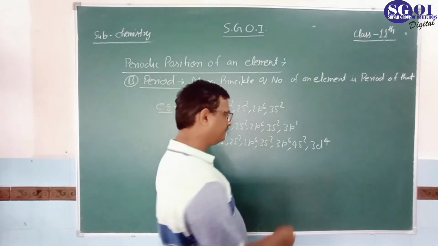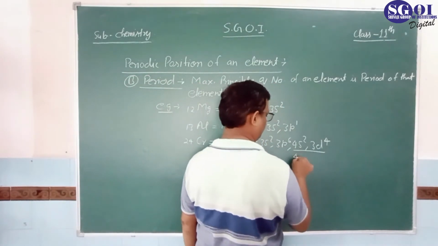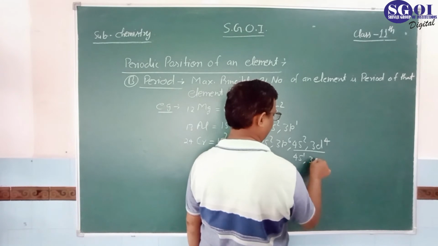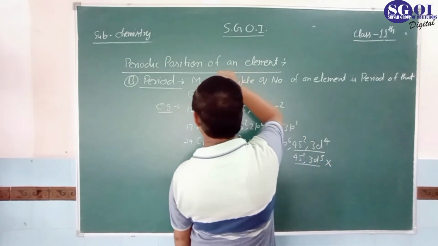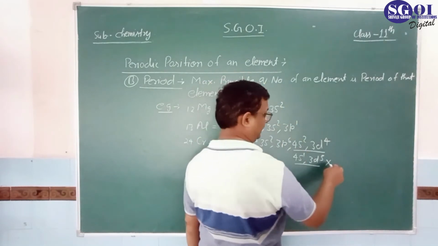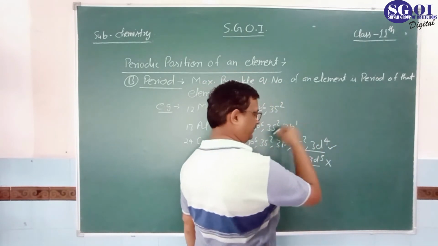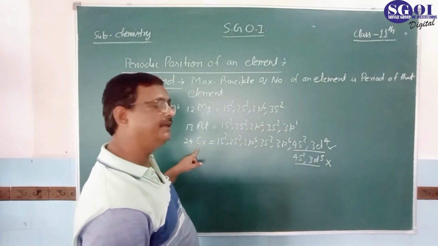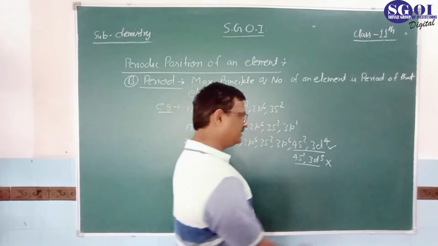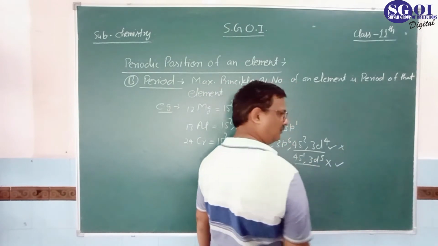Excited is 4s1 and 3d5. This one is wrong for calculation of period, and this one is right for period calculation. But when the question is only for configuration, this one is right and that one is wrong. Okay?